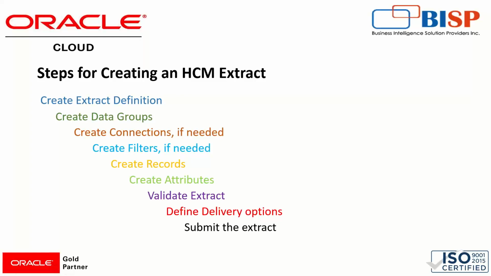When I go to the instance and show it to you, it will become more clear. After defining the appropriate delivery option, after performing all these steps, the last and final step is to submit the extract.